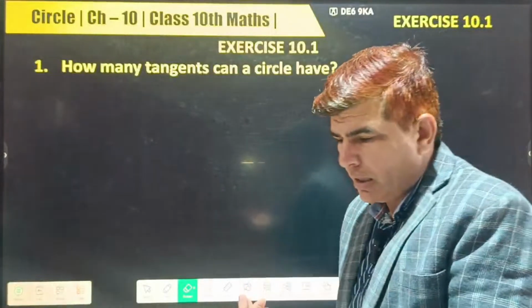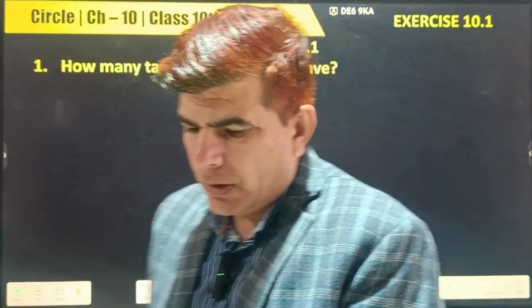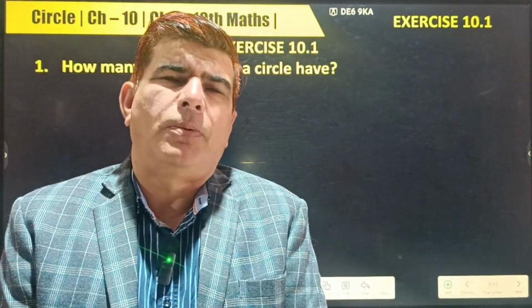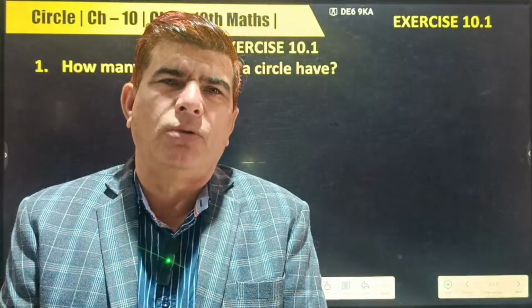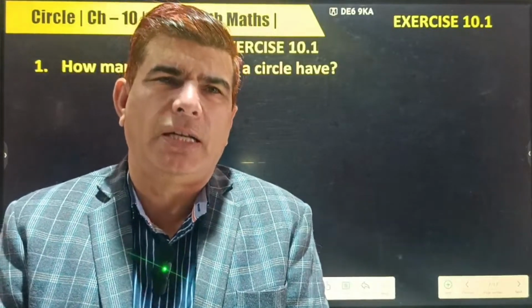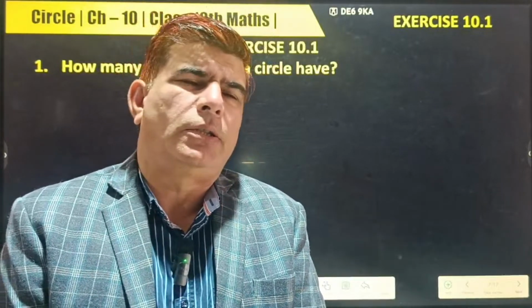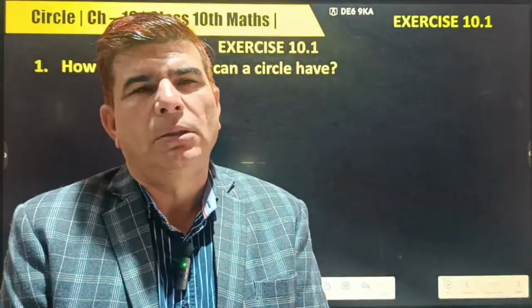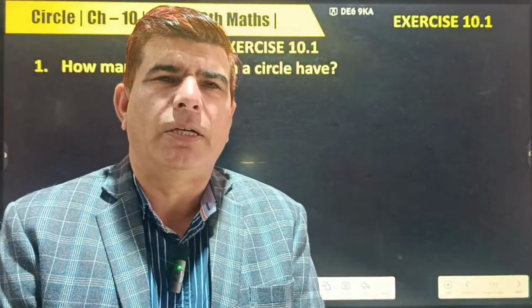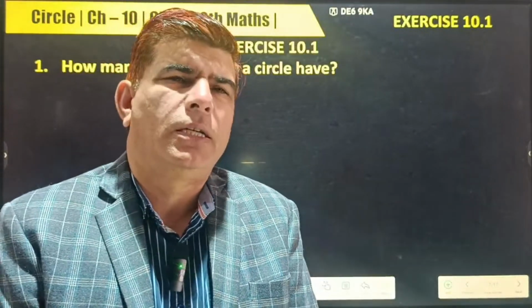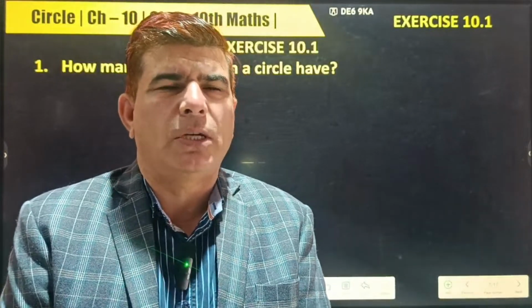Till here what we have done: if a line touches the circle at only one point, that is known as the tangent to the circle. Another is this: if a line segment or line cuts the circle at 2 points, that is known as a secant of the circle or chord of the circle.